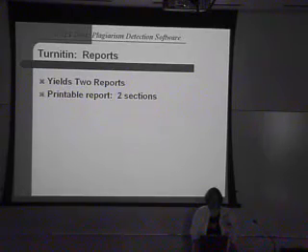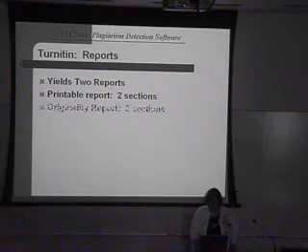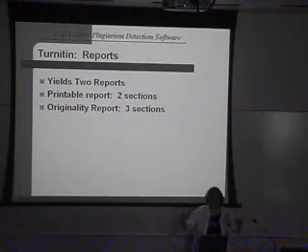And it yields 2 reports: a printable report that is linear and in 2 sections, a list of all your hits, of all the sources that it thinks it found something in, and then the highlighted student's paper with the suspected areas. Then there's the originality report, which is divided into 3 sections, the same first 2 sections, but then there's the option to compare the student paper to the original source, and you'll see that too in a minute.